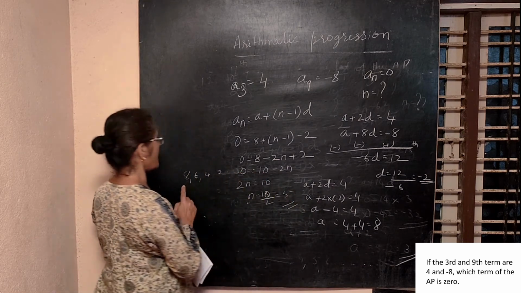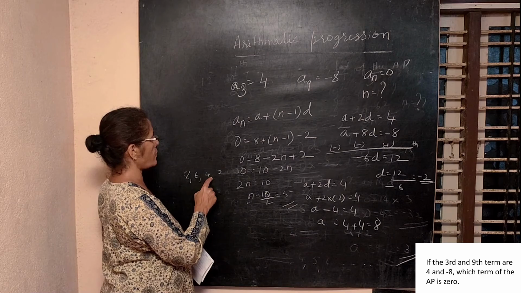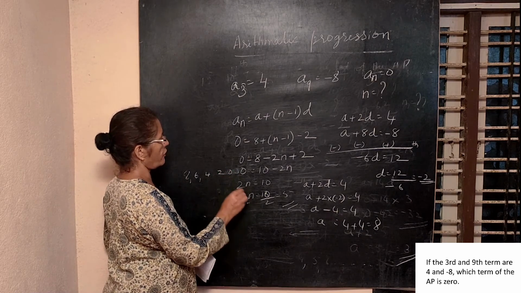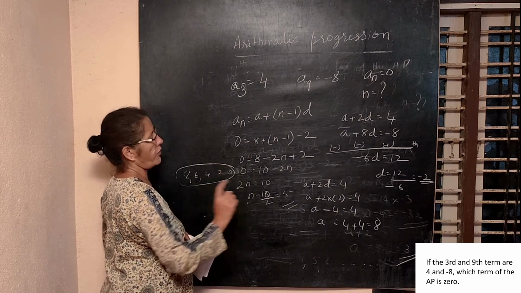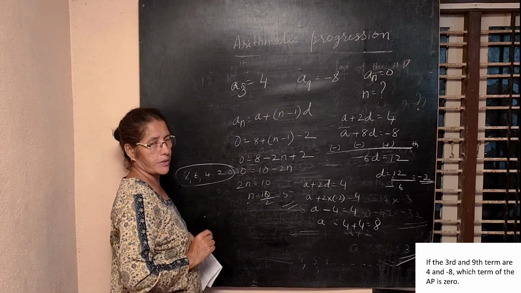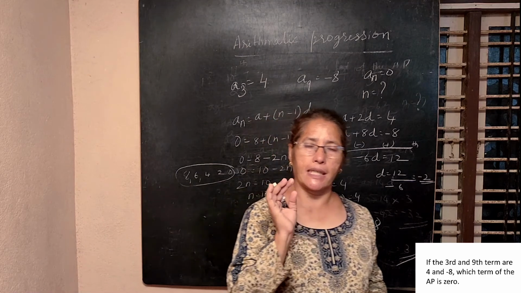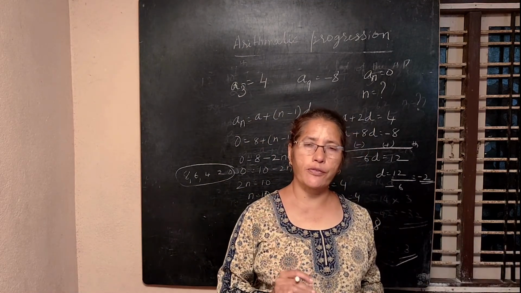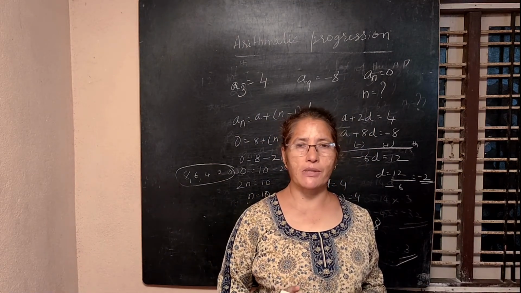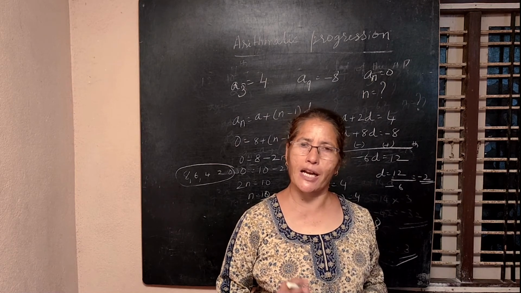Yes, whatever we said is also correct. 8, 6, 4, 2, 0. That means fifth term. Both ways I got the fifth term. That is the answer. So I hope that you have understood how to find out the nth term or how to find out how many terms there are in the arithmetic progression and so on.